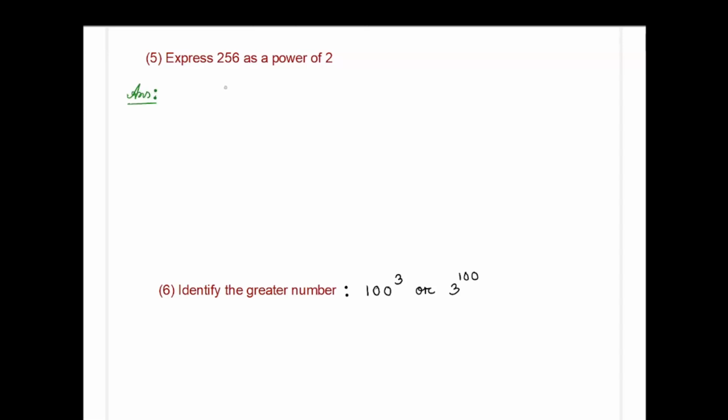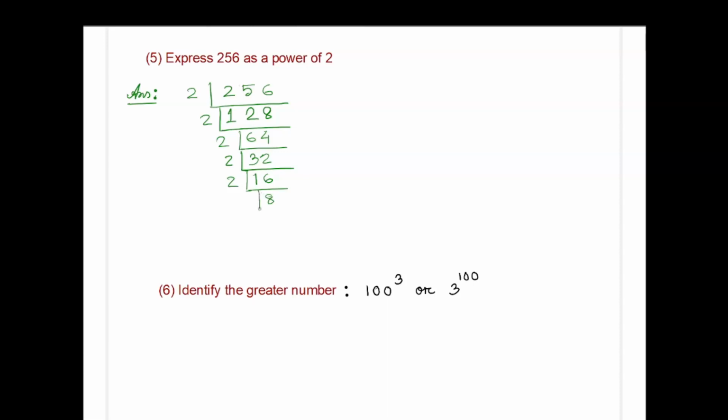Now see, 256. We have to divide 256 by 2. So 2 ones are 2, 2 2s are 4, 2 8s are 16, 2 6s are 12, 2 4s are 8, 2 3s are 6, 2 2s are 4, 2 1s are 2.